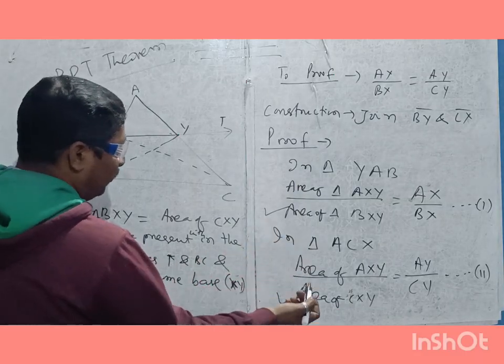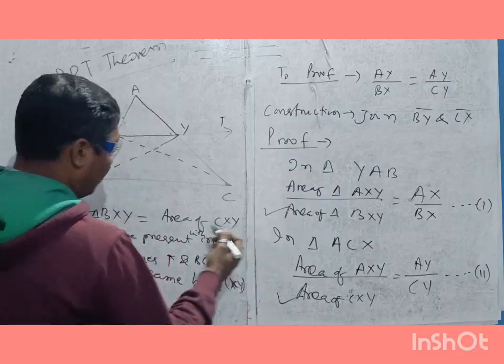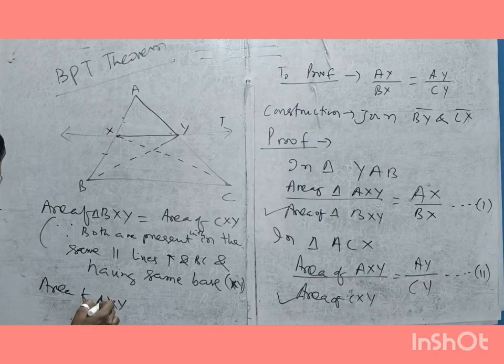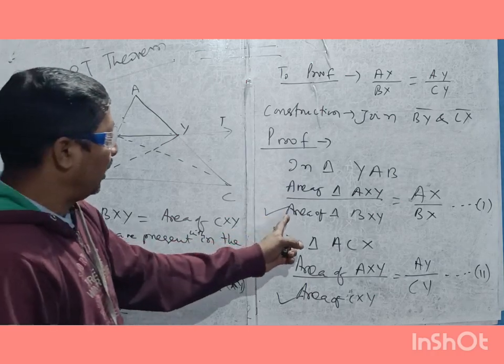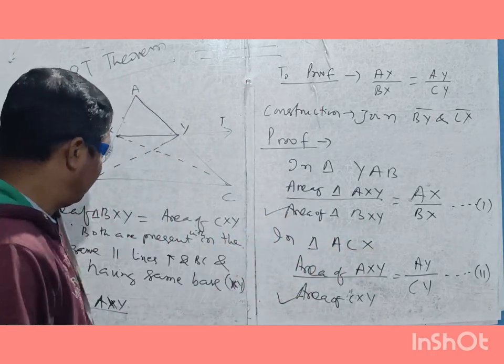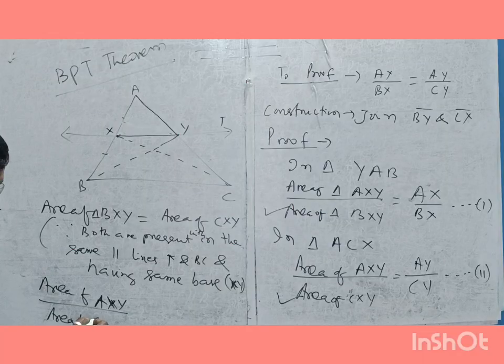So I can write now, see, area of AXY by area of, see here, instead of BXY I can write CXY because same.